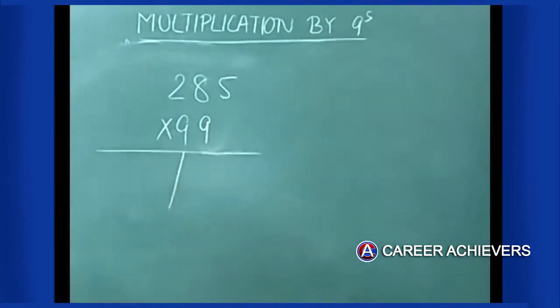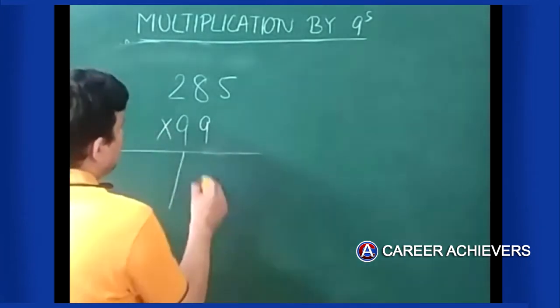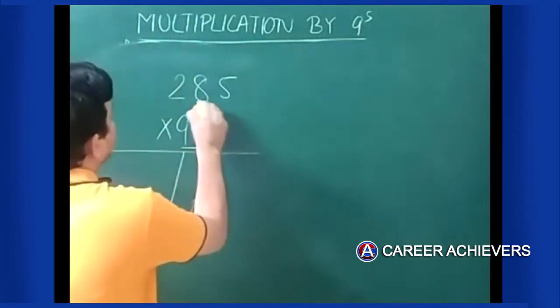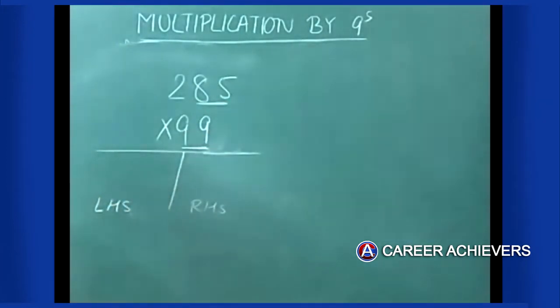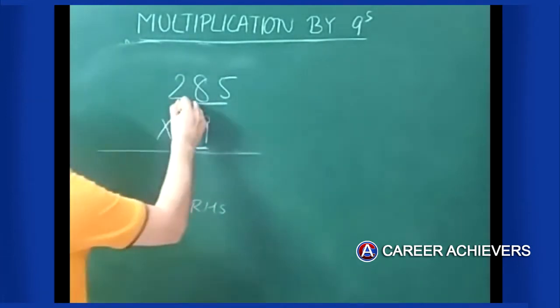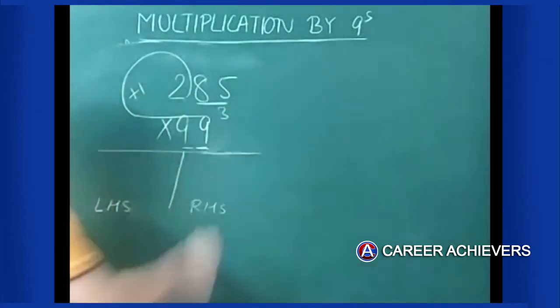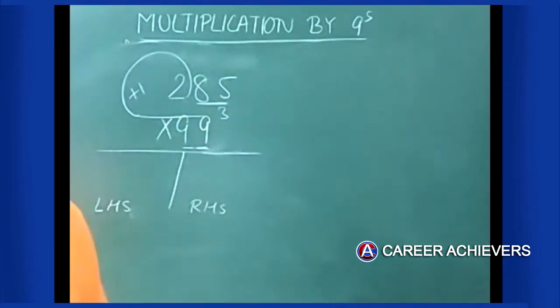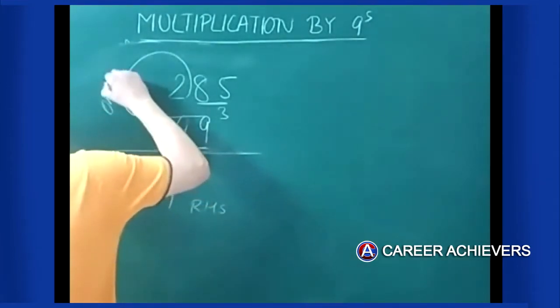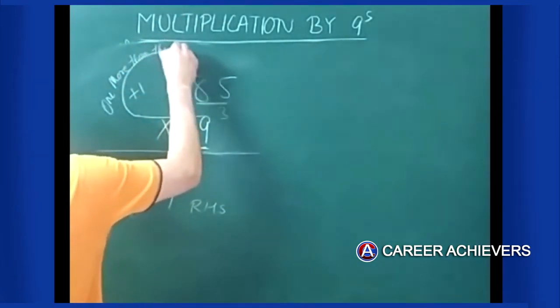So when the number of 9s are less, we divide our answer in 2 parts, LHS and RHS. For LHS, we count the number of 9s and leave behind as many digits. Here there are 2 9s, so I will leave behind 2 digits, and the remaining part, that is 2, is increased by 1. In Sanskrit, we call it ekadhikena purvena. In English, we say one more than the number.